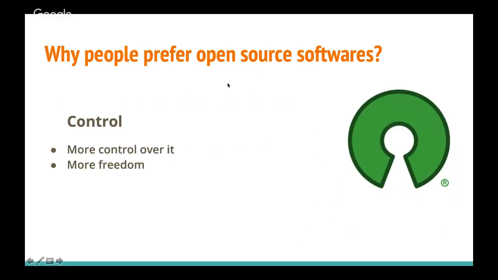And open source software gives more freedom. Users who are not programmers can also benefit from the software. They can use the software for any purpose they wish, not just the way someone else thinks they should.